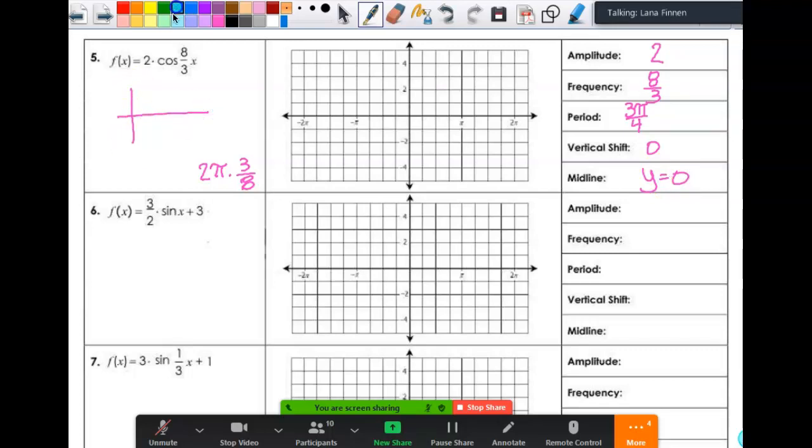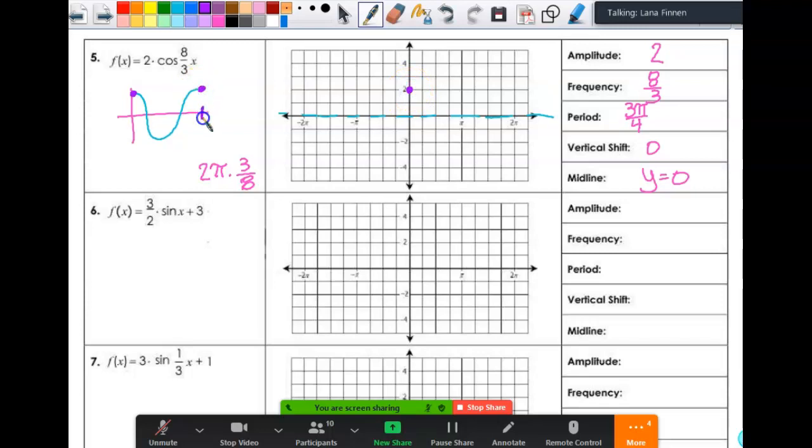This is cosine. Sketch that in. My midline is at y equals 0. So I'm going to start with this point, which from the midline here would be at 0, 1, but my amplitude is 2, so I'm at 0, 2.